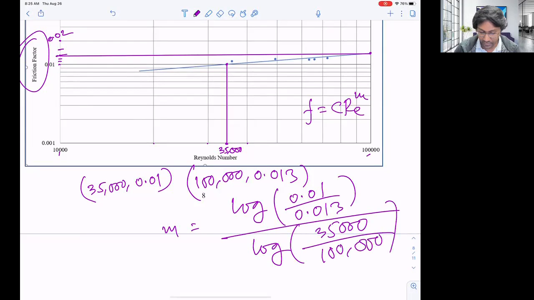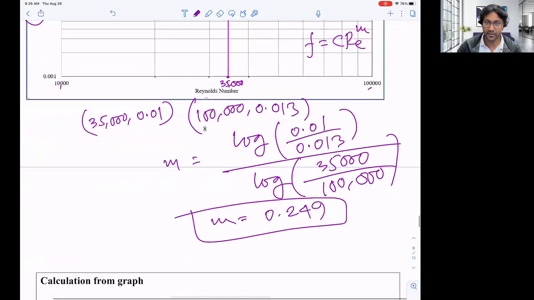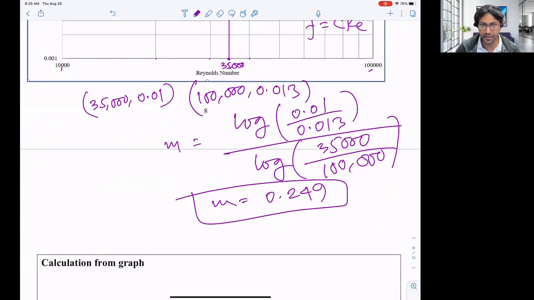Okay, then what will happen? Log of 0.01 divided by 0.013, divided by log of 35,000 divided by 100,000. It's a really big calculation. So I have 0.249. That is the value I have. It is pretty close to that point, minus 0.25.